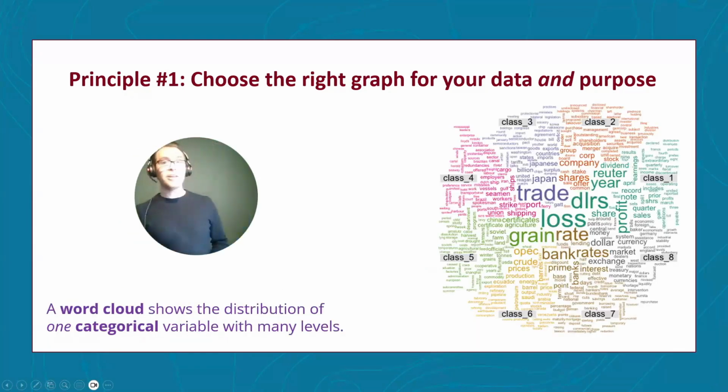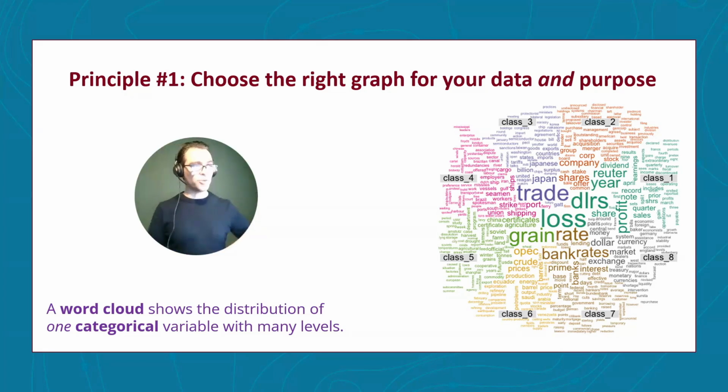If instead you have a lot of different levels in your categorical variable, one appropriate option for showing these data is actually a visualization known as a word cloud. Yes, these are a graph. What these do is they map word size to frequency of a given category. So categories that had more levels will show up as larger than other categories here.